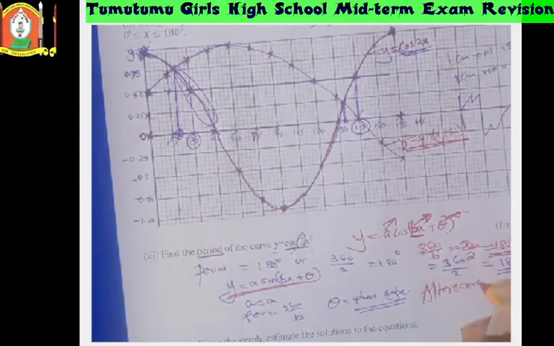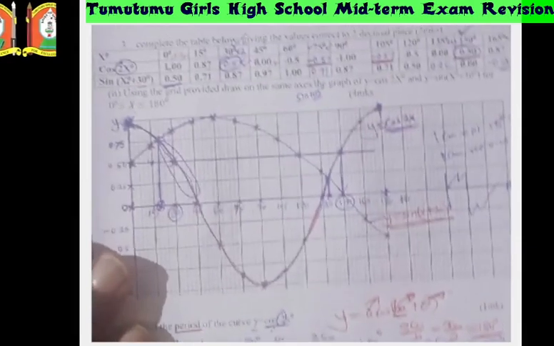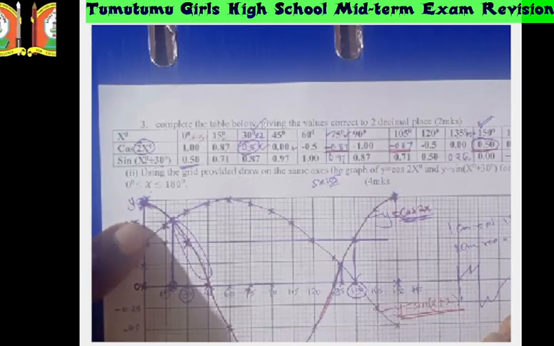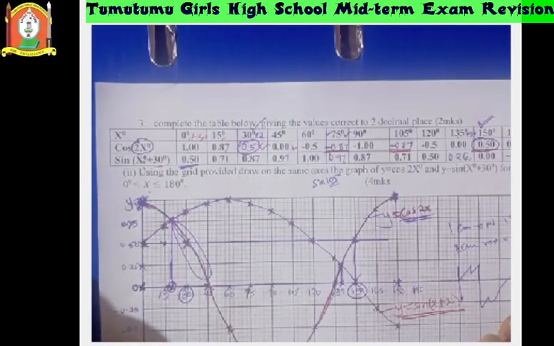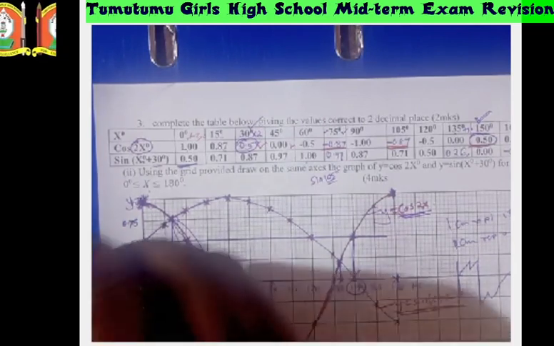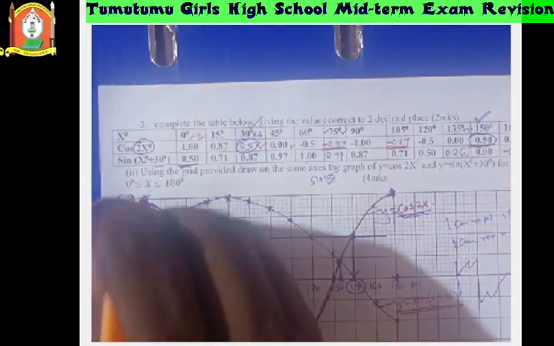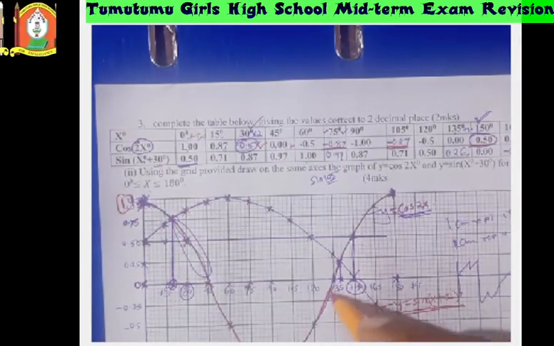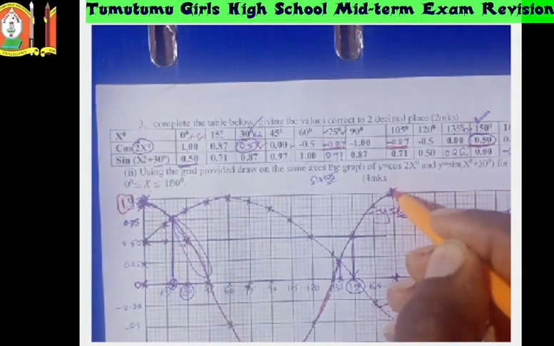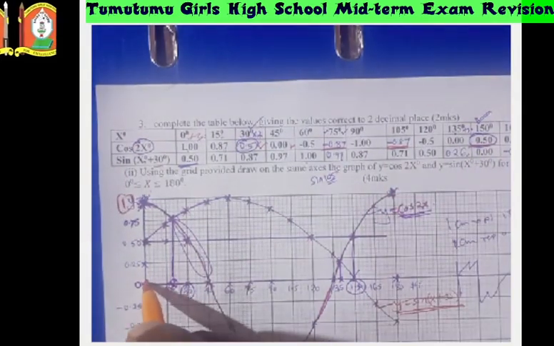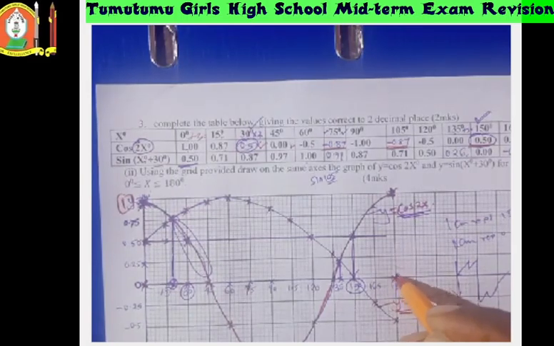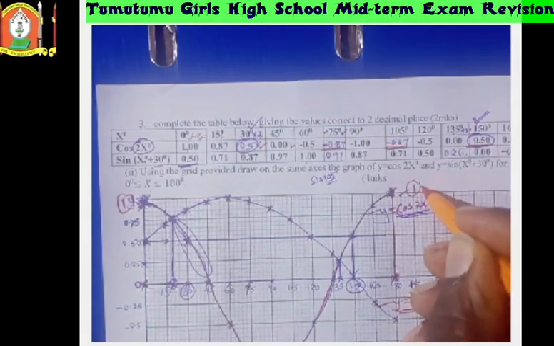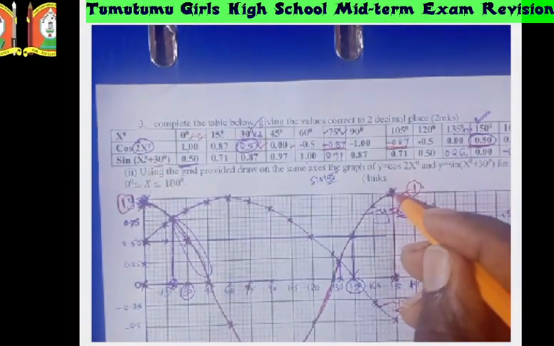Alternatively, we can go to the graph. Period is defined as the angle a wave takes to start repeating itself. We started at 1. For how long is it going to move until it also gets back to 1? From 0 to 180, it gets back to the value of 1 on the y-axis, and then it will start repeating.